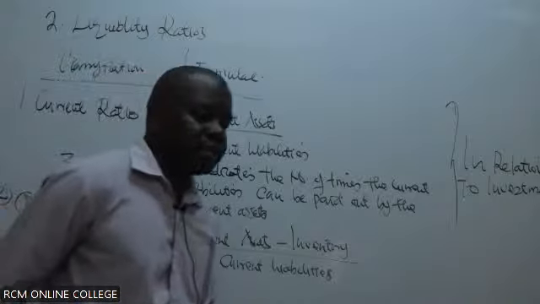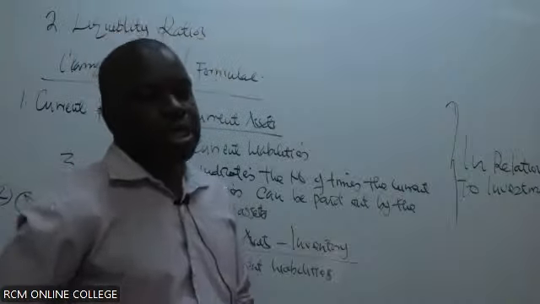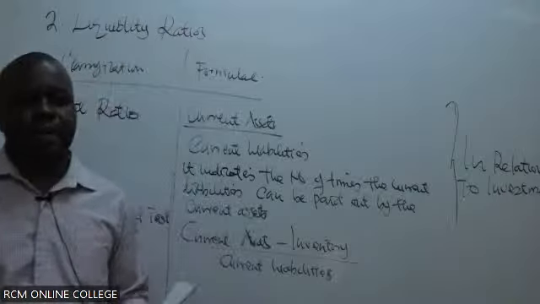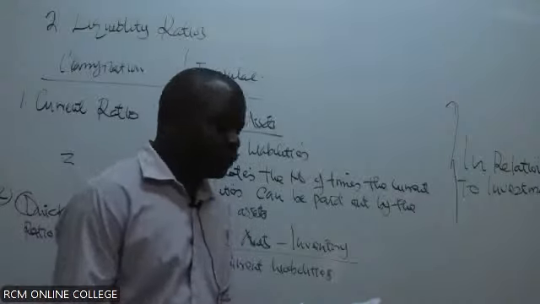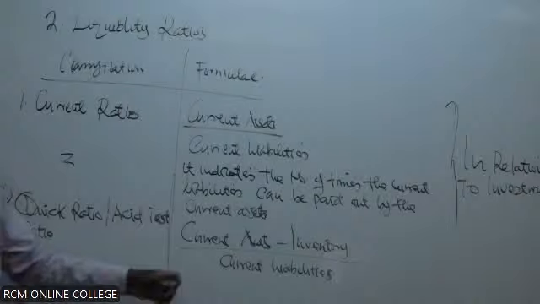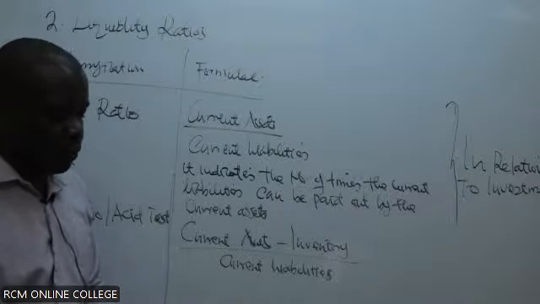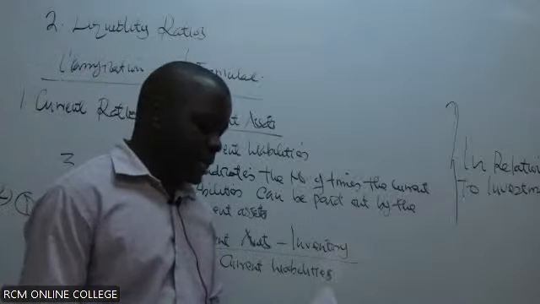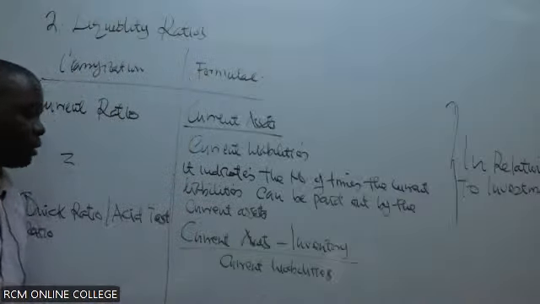The ones that you can easily convert into cash. Like receivables, cash at hand, cash at bank, you already have them. So you can easily convert them. Those ones you compare with your current liabilities, so you know how liquid you are as a company.